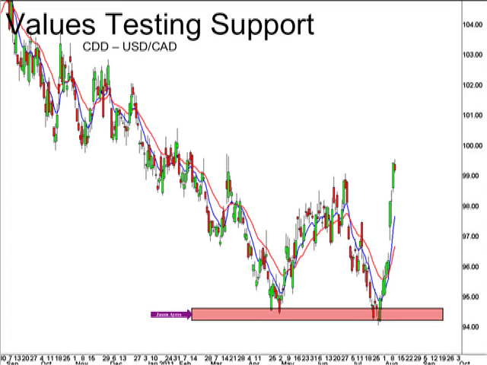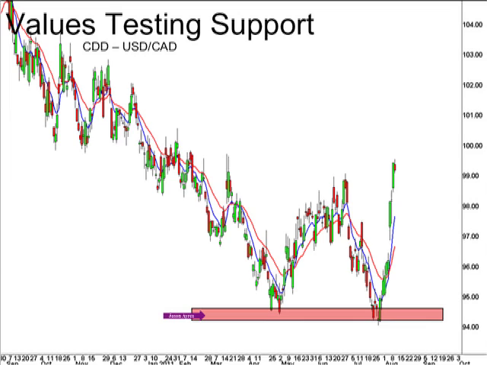Here we have the CDD, and this is a reflection of the pair testing the support level. Right at this point, we actually finally tested par for the U.S. dollar versus the Canadian dollar, and that's been reflected in the price chart, with a little bit of a pullback, but we're right back up in this zone as of today.